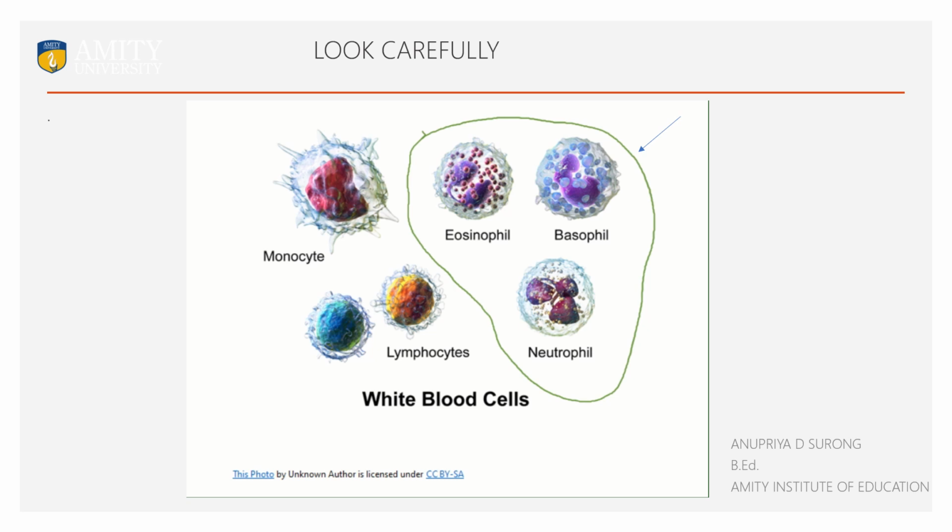Look at the picture carefully, you will see some of the cells they have granules and therefore they are called granulated, and some of the cells are not having any granules and therefore they are called agranulated. And this is how we classify WBCs into granulated and agranulated.